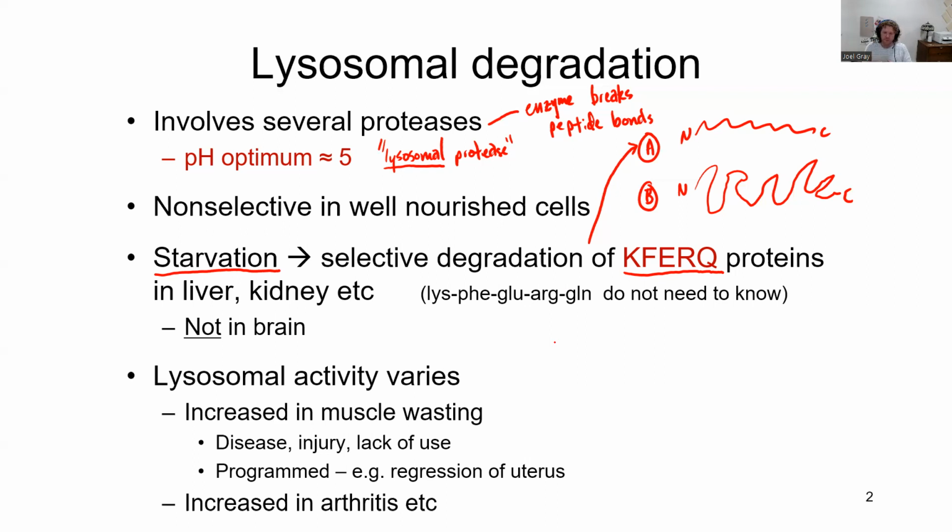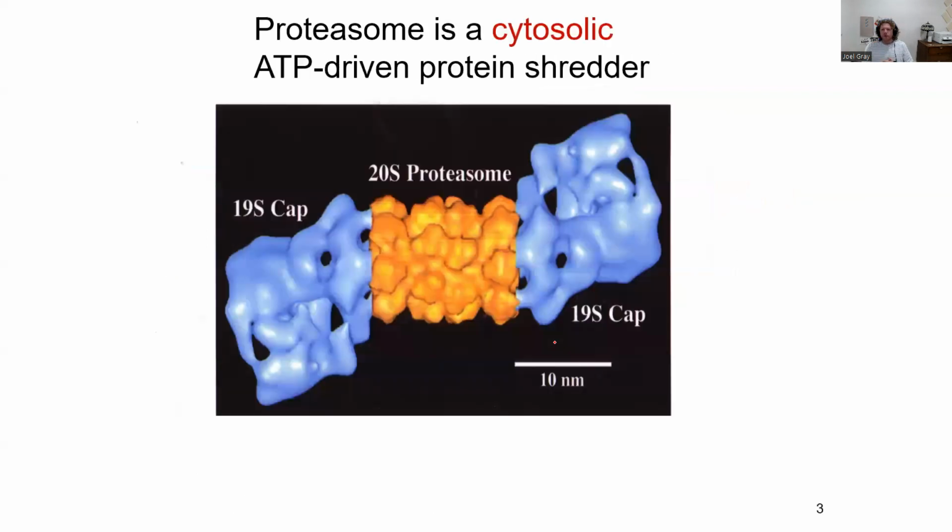Another way in which a cell can break down protein is using something known as a proteasome. I want you to see that OME and think about genome, proteome, microbiome.